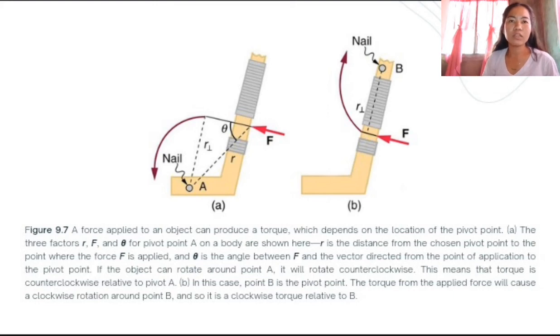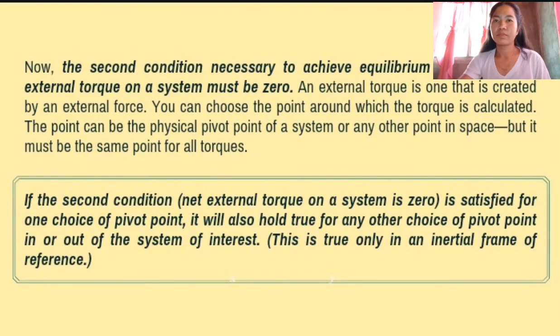In this case, point B is the pivot point. The torque from the applied force will cause a clockwise rotation around point B, and so it is a clockwise torque relative to B. And now, the second condition necessary to achieve equilibrium is that the net external torque on a system must be zero. An external torque is one that is created by an external force.